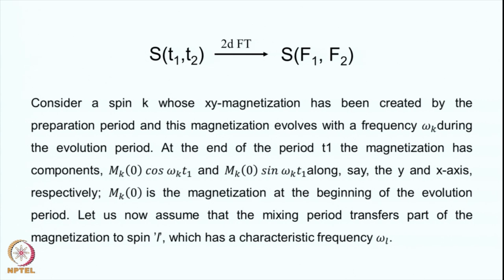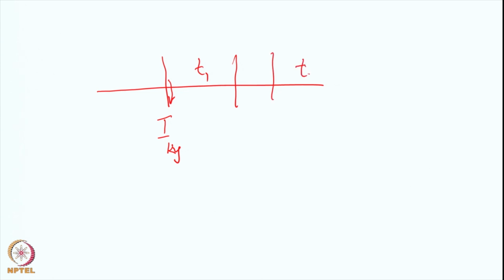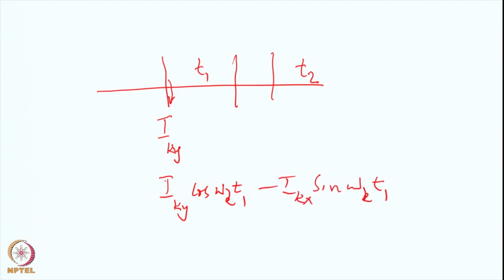You have created the transverse magnetization after the preparation period. So here this is the preparation, you have created a transverse magnetization here, let us say it is IKY, and here is the evolution period T1 and this is our mixing period, and here you have the period T2. So during this period this magnetization evolves with its characteristic frequency: IKY cosine omega k T1 minus IKX sine omega k T1, okay.